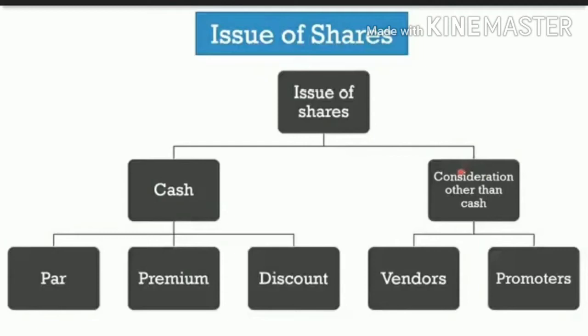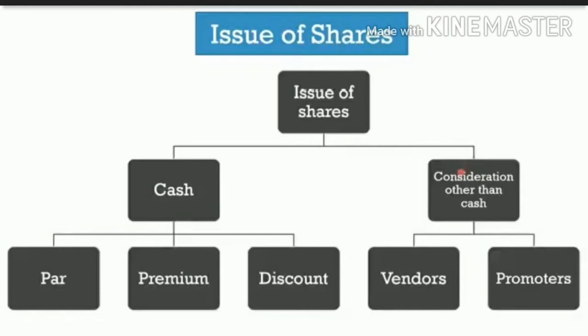Allotment is simply the creation of shares and their transfer to a subscriber. A company can raise funds by taking a loan or by issuing shares, debentures, bonds, etc. It can issue first preference shares and second equity shares. These two shares are the most important: preference shares and equity shares. Equity shares are also called ordinary shares.